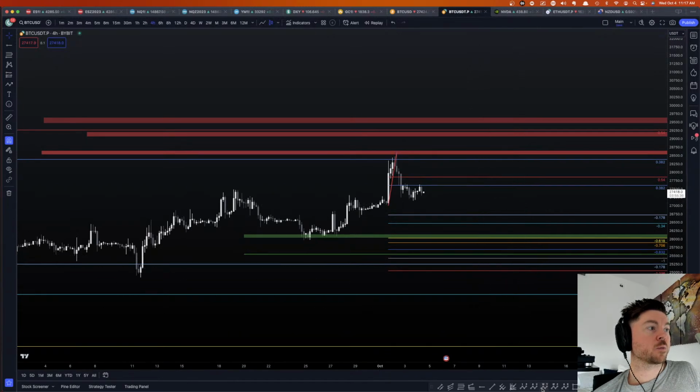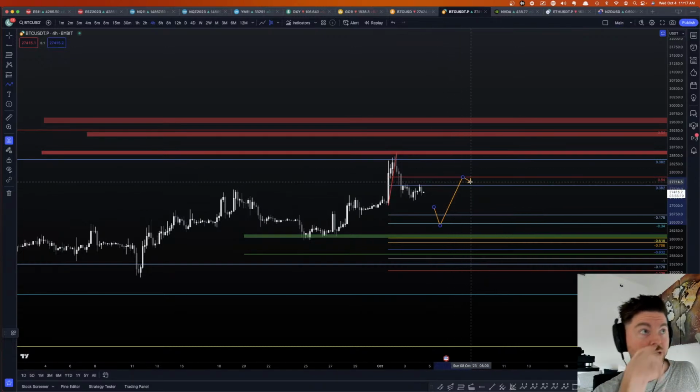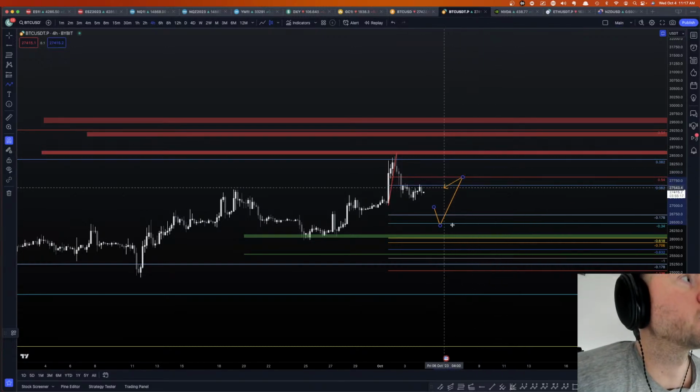Then again, if I got that setup off this 3-4, I would probably be taking almost everything, almost full TPs here. I would probably be taking almost full take profits here.